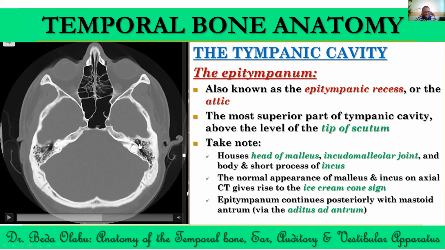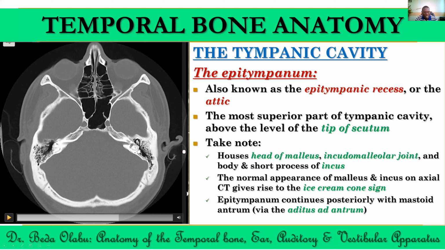We are now at the level of the epitympanum still, and we are starting to see the ossicular chain there. So this is the epitympanum. This is the aditus ad antrum, and this is the mastoid antrum. These are mastoid air cells. Now the typical ice cream cone is being noted there, but we also note the vestibule there.